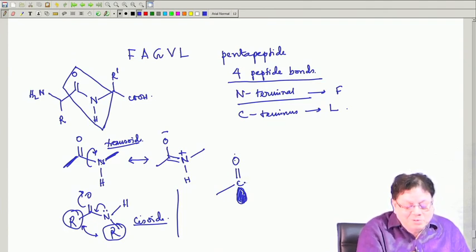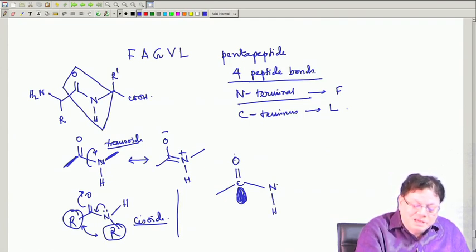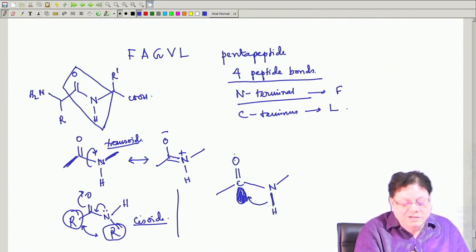Now, you write the nitrogen along with the hydrogen, and you will see a beautiful correlation: this N-H bonding orbital is now interacting with the vacant anti-bonding orbital of this carbonyl carbon sigma bond.